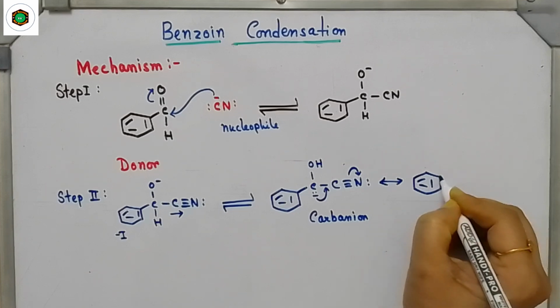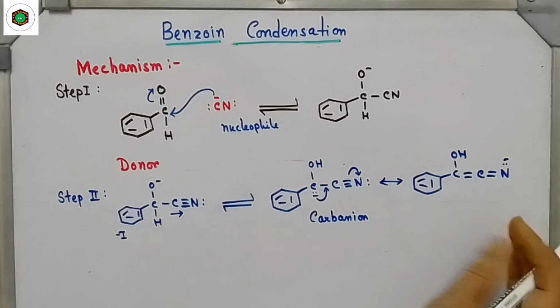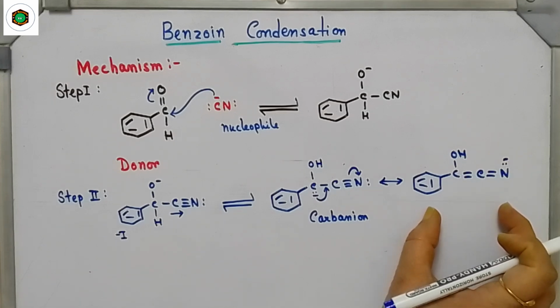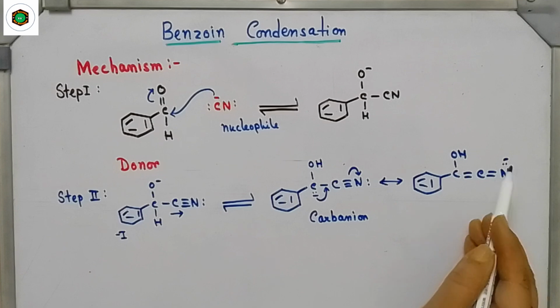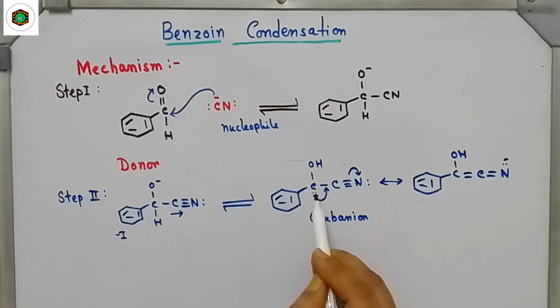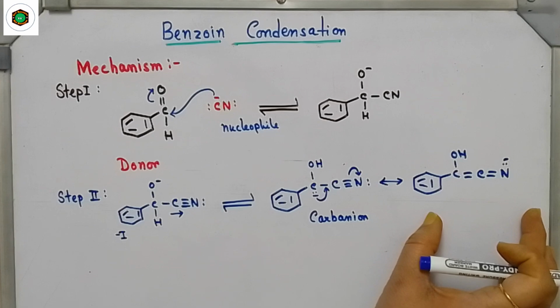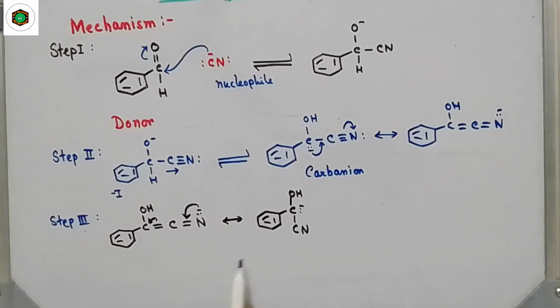This resonating structure you have to show. This is more contributing resonating structure because here negative charge is on electronegative nitrogen, but here negative charge is on carbon. So this is more contributing structure. Okay. Now what you have to do?